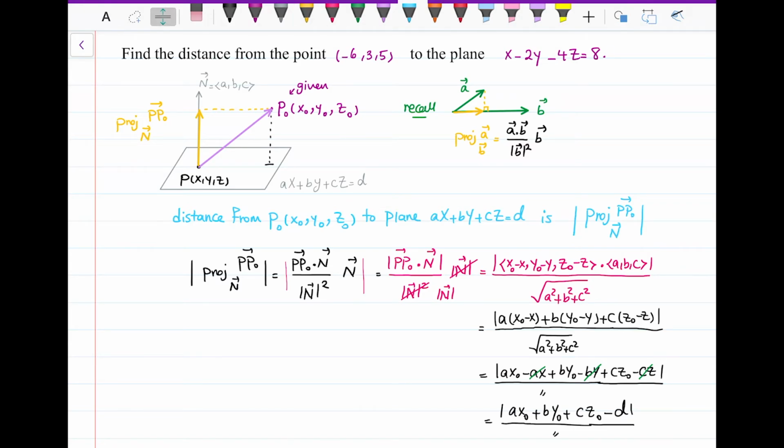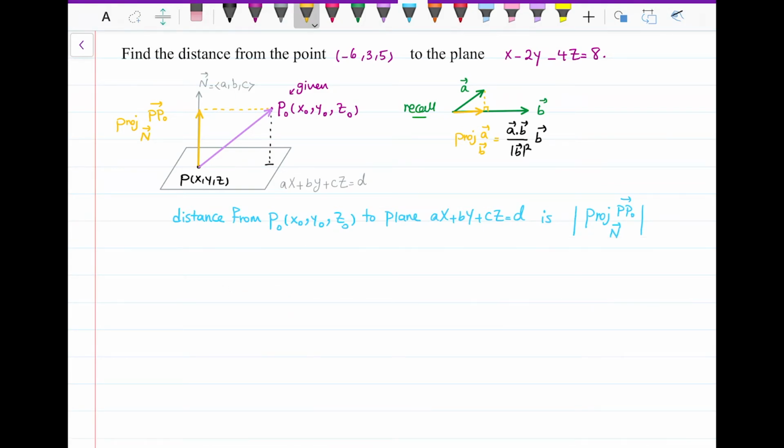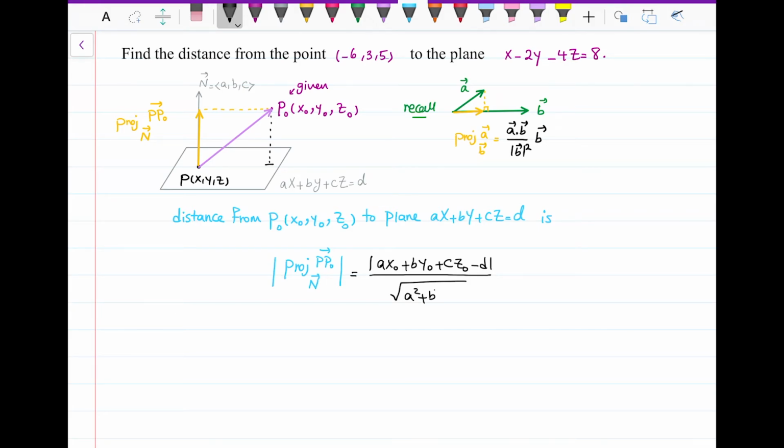Let me erase them. So the formula here, I'm gonna bring this one in here. The formula that I'm gonna use is ax naught plus by naught plus cz naught minus d over square root of a squared plus b squared plus c squared.